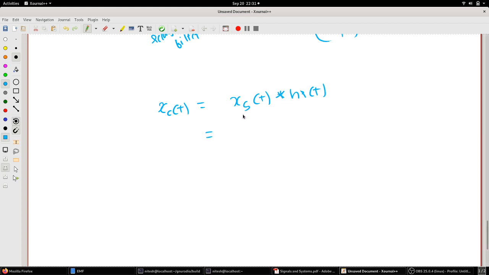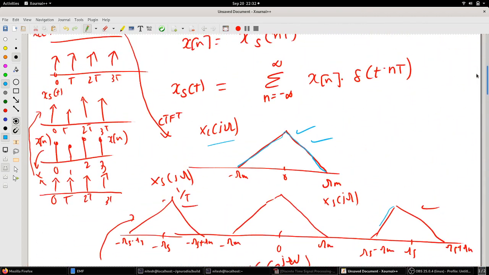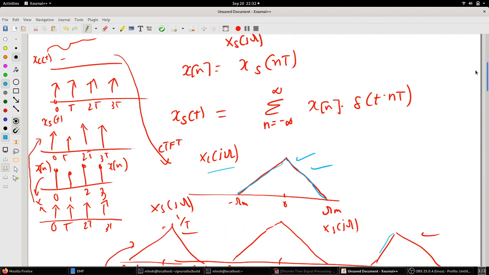So now what is x_r(t)? x_r(t) is a summation, n equal to minus infinity to infinity. If you look at the equation on top, my x_s(t) is x[n] into δ(t minus nT).